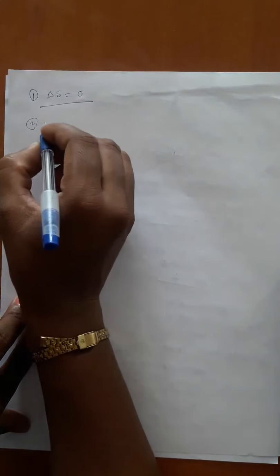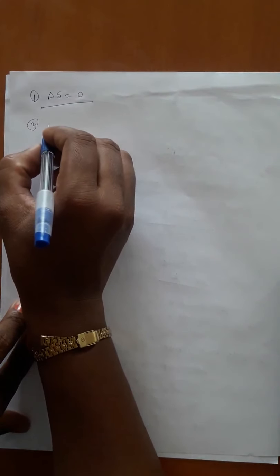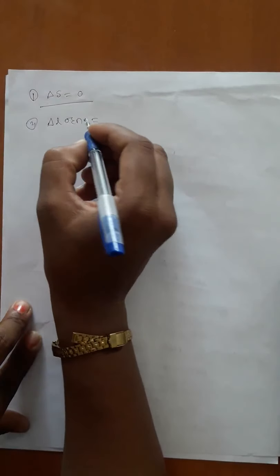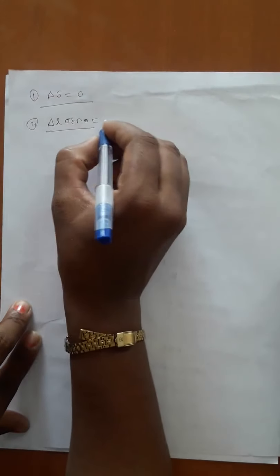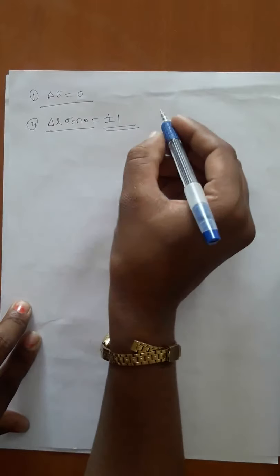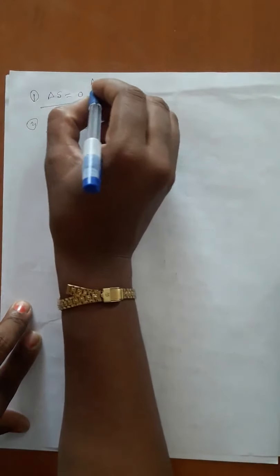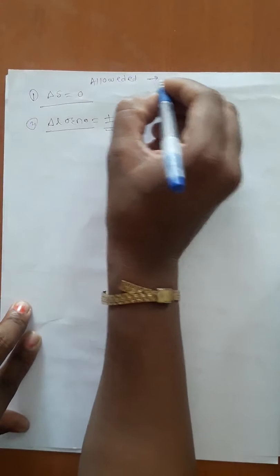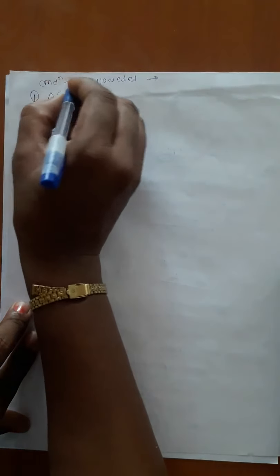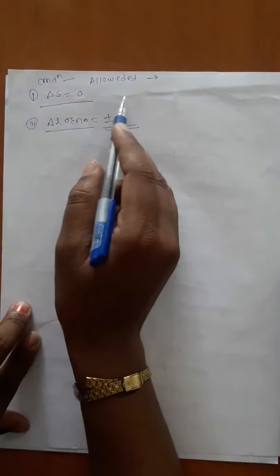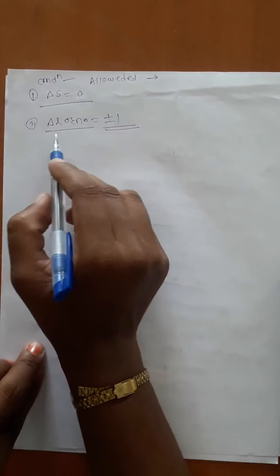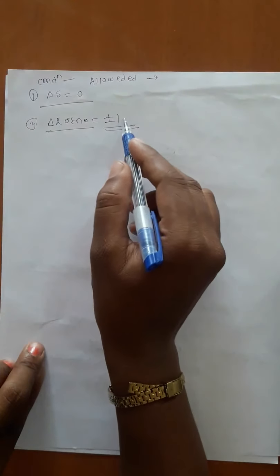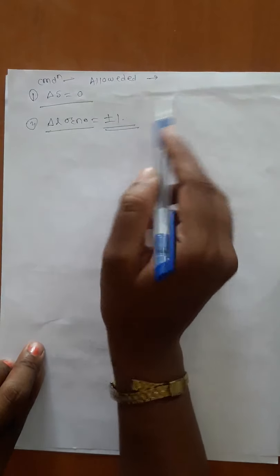The second selection rule is that the value of delta L, or delta l, will be plus or minus 1, then this transition is allowed. Condition for allowed transition: delta S should remain 0, and delta L is equal to plus or minus 1. Then this transition is allowed, otherwise the transition is forbidden.